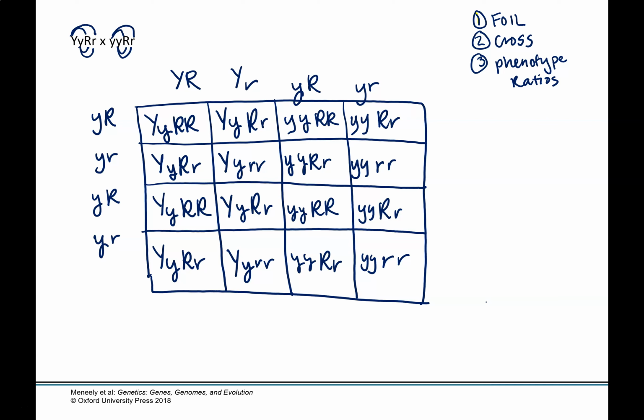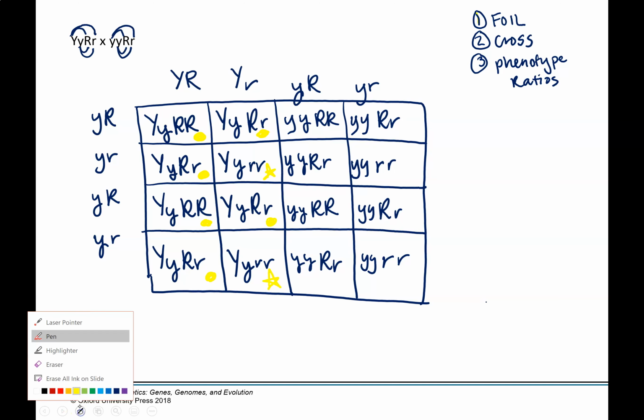So let's go ahead and fill in our phenotypes. I'm going to use the same notation, yellow dot or green dot. So for the first one, we have yellow and round. This whole first row is going to be yellow and round. Second row, we've got yellow and round, yellow and wrinkled, yellow and round, yellow and wrinkled.